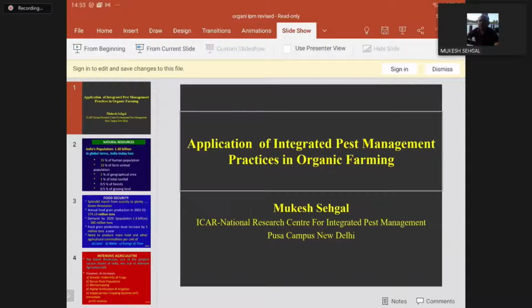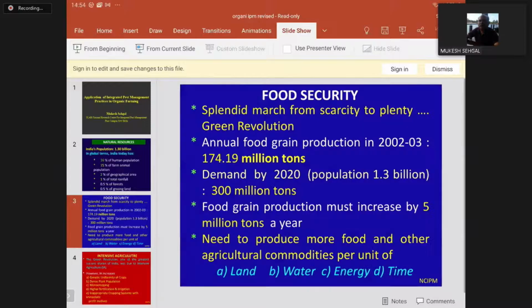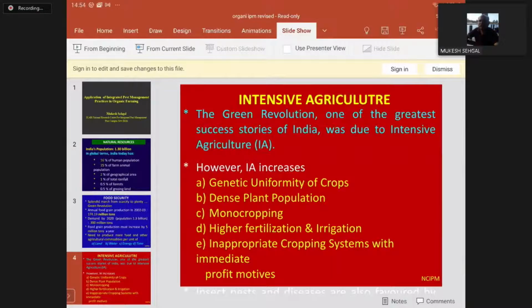If I say why we go for IPM, these are simple slides, and you all know them well. We have food security targets; every year we have to increase production by 5 million tons. And why are we in a problem?